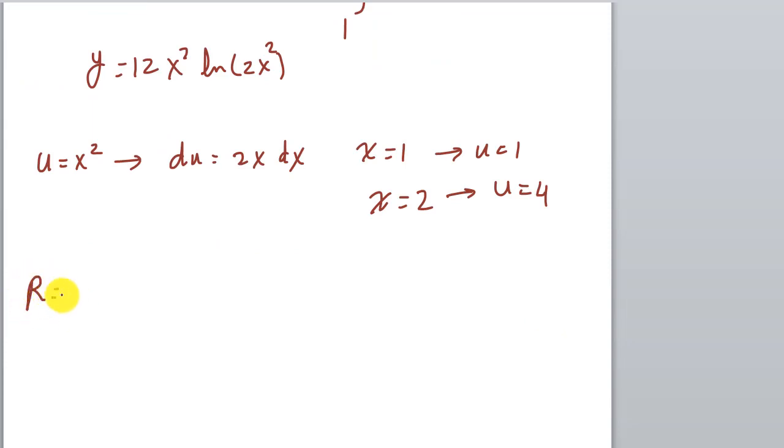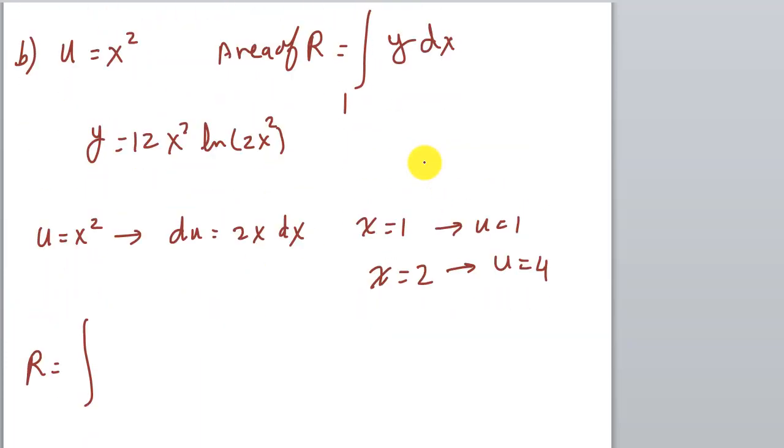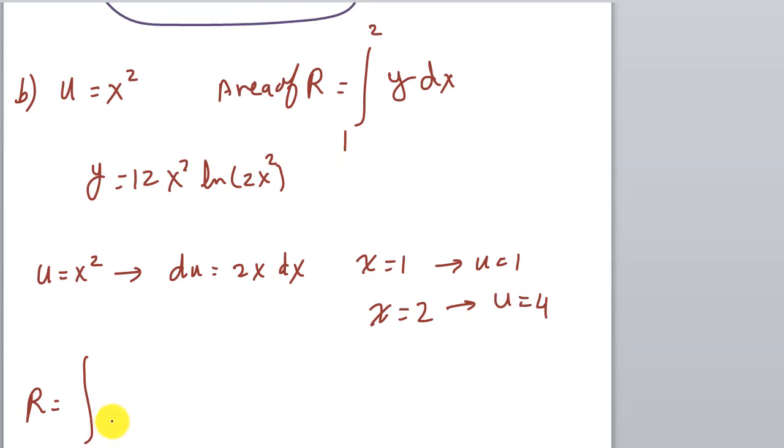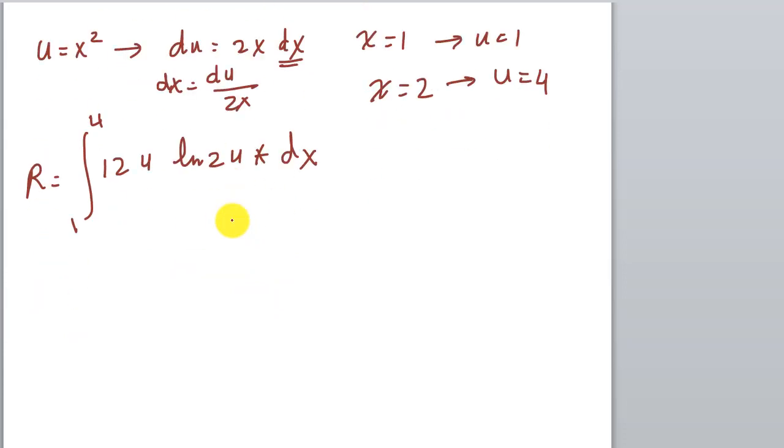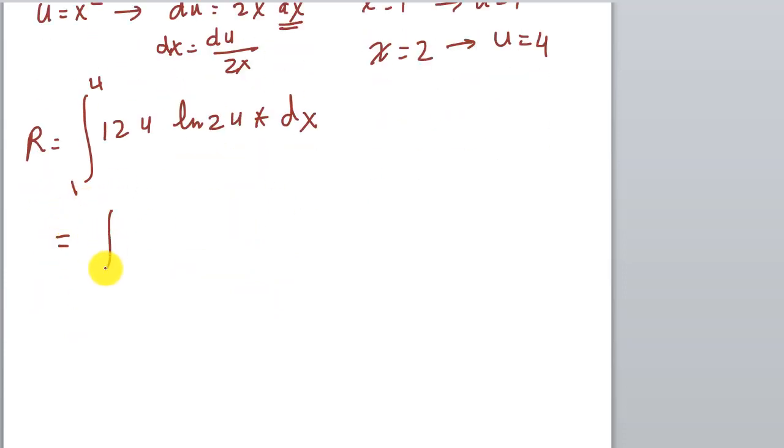So the area of R is equal to the integration, now let us change the limits from x equal to 1 to 2 into u equal to 1 to 4, and y is 12u ln 2u multiplied by dx, which is du divided by 2x.